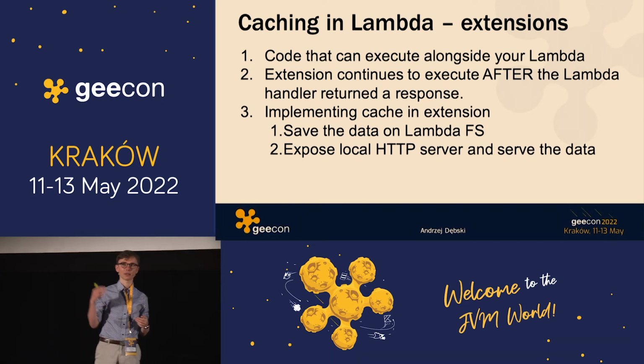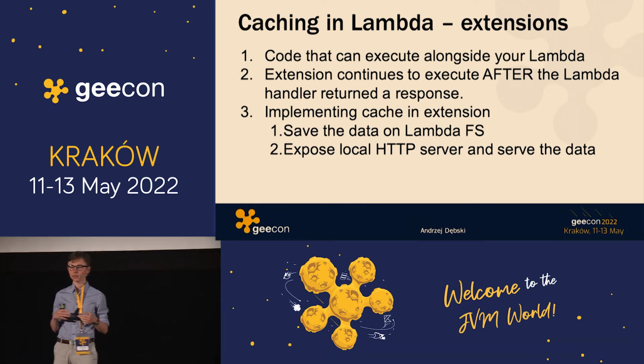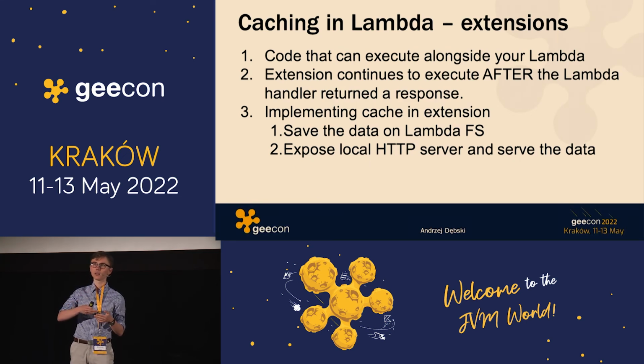I think you can add up to 10 of them, with their own init and invoke phases where you can do extra work. The important thing is that your extension will get invoked on every function invoke, but the code is able to run even after your function returns a result. This allows you to do background work without it being abruptly stopped.